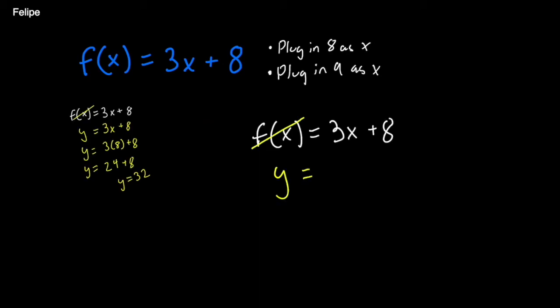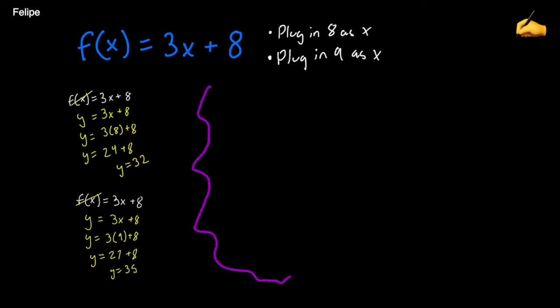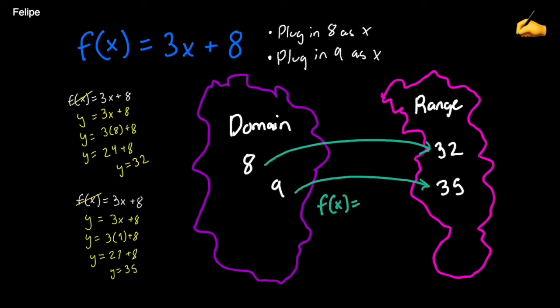Again, we're plugging in a 9 and the function outputs 35. Therefore, the domain of the function includes 8 and 9. The range includes 32 and 35. What the function is doing is mapping us from that 8 to 32 and that 9 to 35.